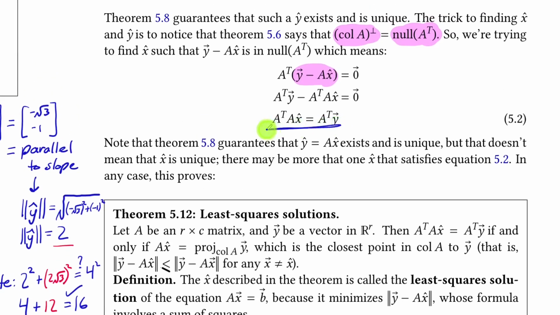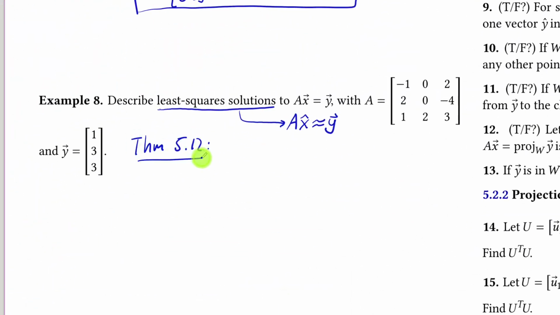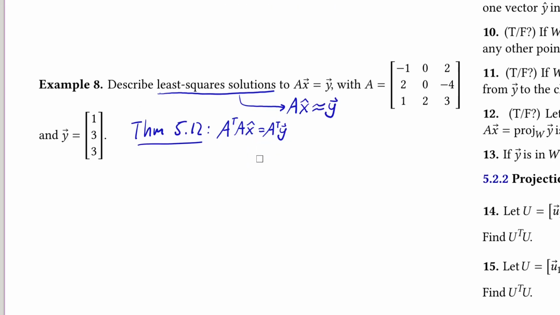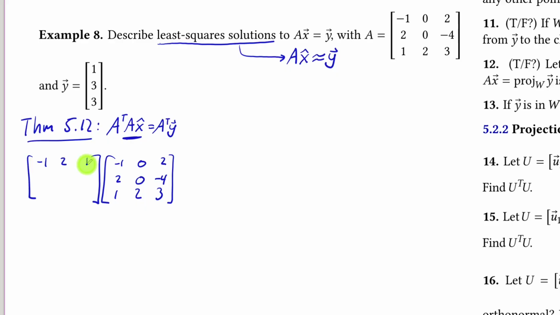We need to solve these equations with the A that we've got. So the theorem says we need to solve A transpose times A times x hat equals A transpose times y, and that's guaranteed to have a solution. Let's work that out. First of all, I'm going to write the A x hat. Actually, let's move this to the left to give ourselves more room on the right. Here's A transpose, turning the columns of A into rows of A transpose.